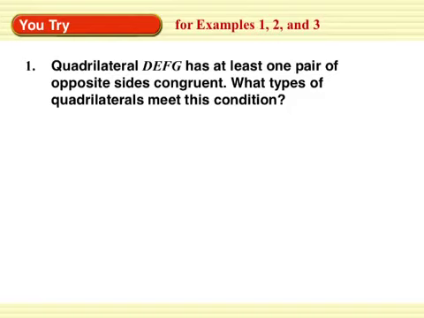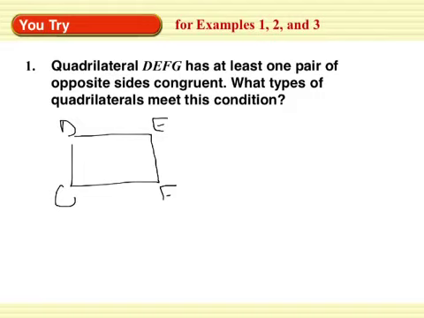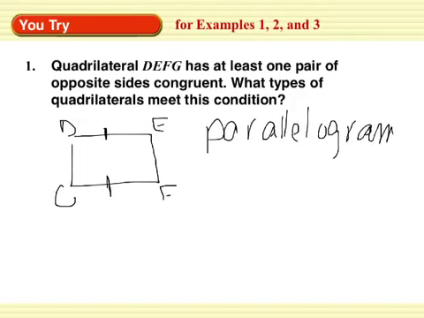You try. Quadrilateral DEFG has at least one pair of opposite sides congruent. What types of quadrilaterals meet this condition? It's always dangerous to draw a sketch because you never know. One pair of opposite sides congruent. So those are congruent. I know a parallelogram has the opposite sides congruent.